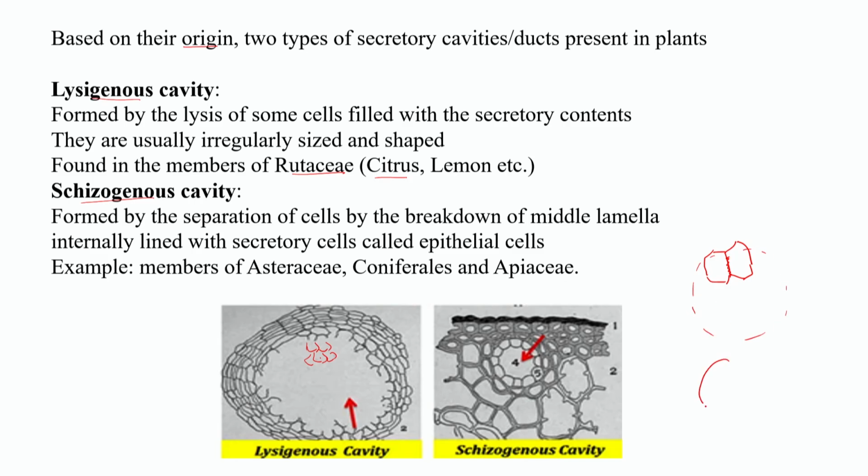So here also these walls would have been dissolved, and then this inner cavity formed. This cavity is lined by some cells known as epithelial cells, and it is common in the Asteraceae family, Coniferales, some gymnosperms and the Apiaceae family.